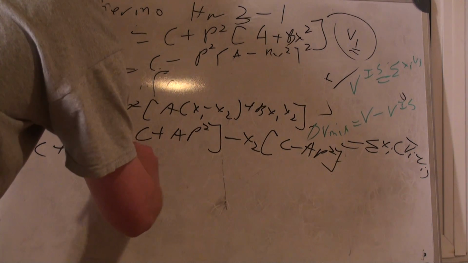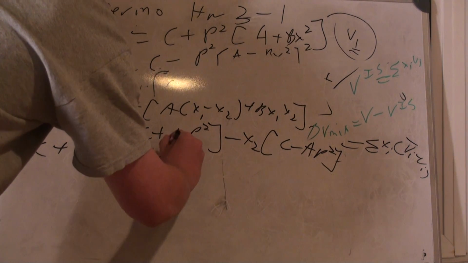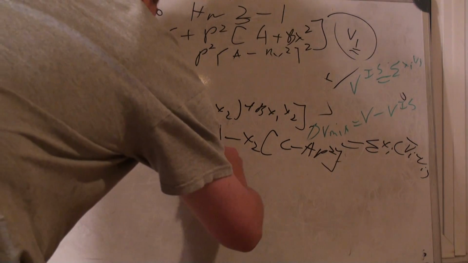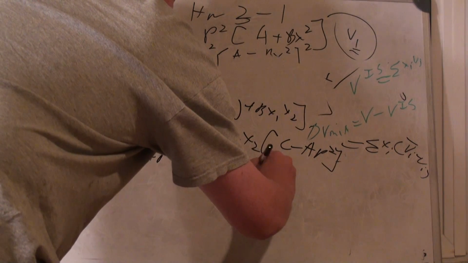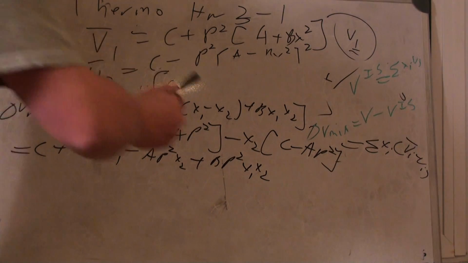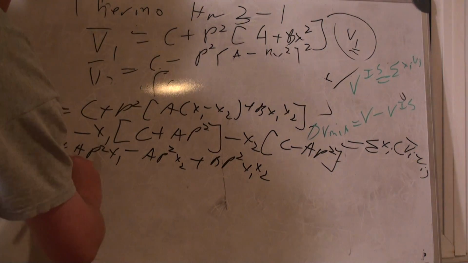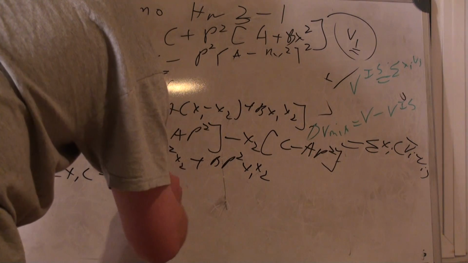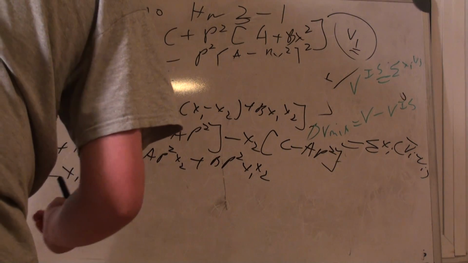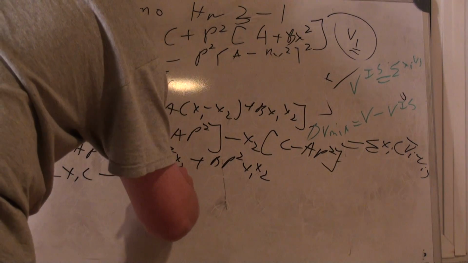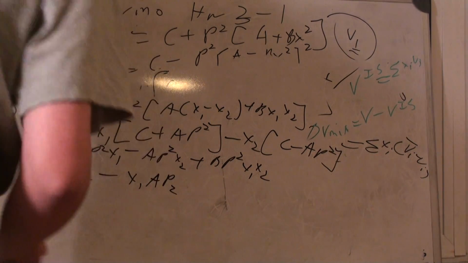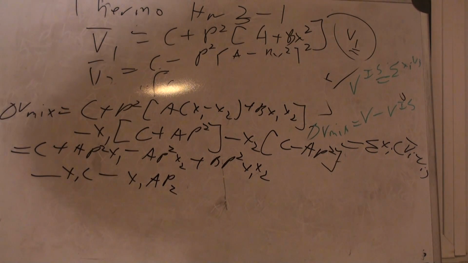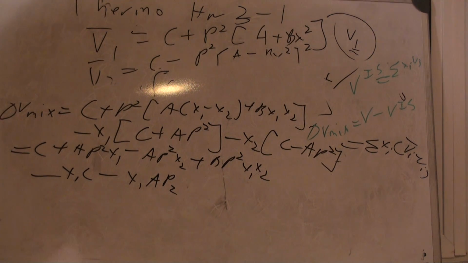AP squared x1 minus AP squared x2 plus BP squared x1 x2 minus x1 C minus x1 AP squared minus x2 C plus x2 AP squared. I feel like I missed something, but we'll get there.